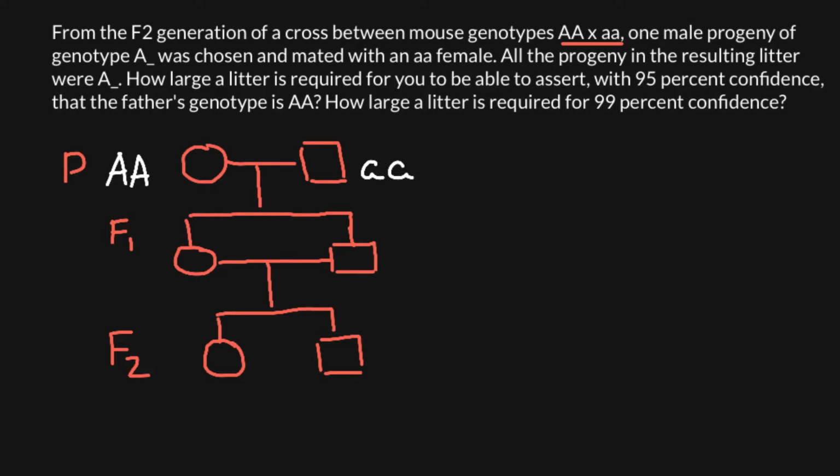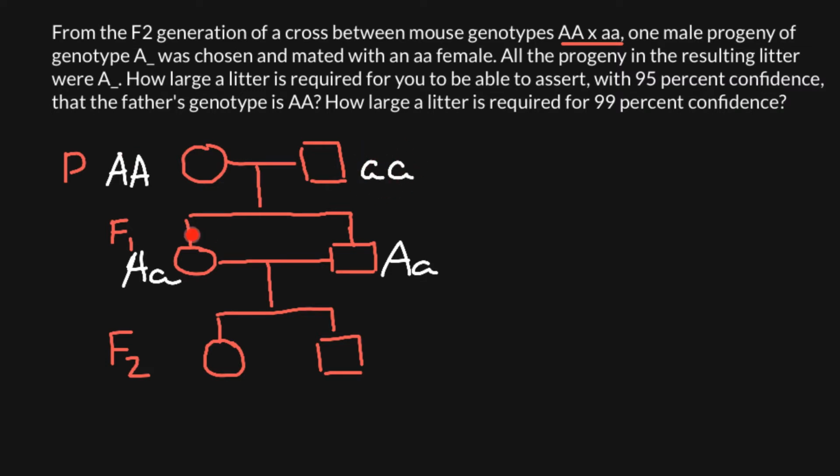So what can we tell about the F1 generation? It is very easy to predict that 100% of the F1 generation are going to be heterozygous, capital A and small a. One parent only contributes the dominant allele, and the other parent only contributes the recessive allele.